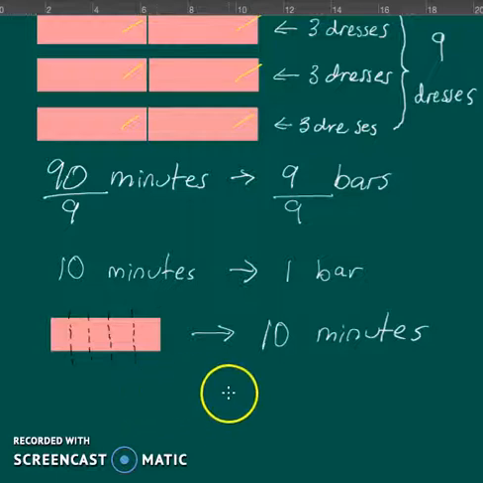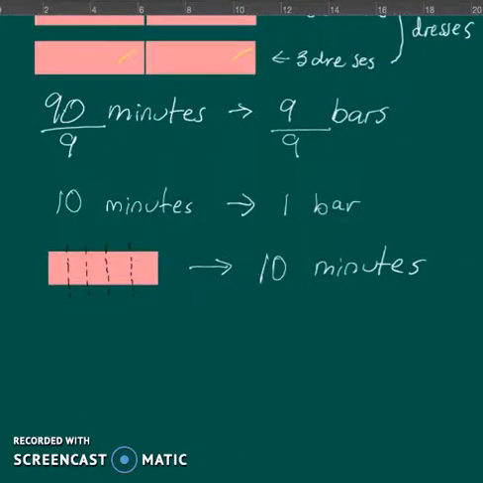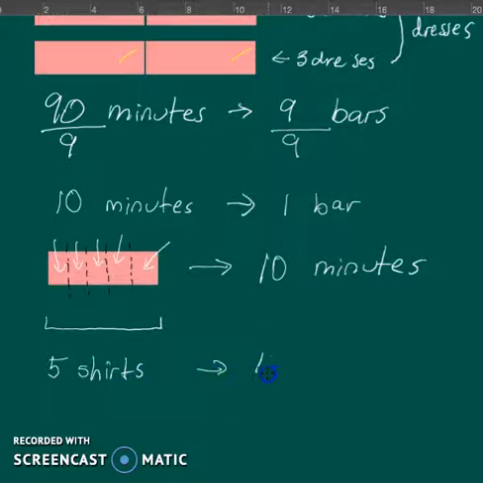So the question is, if this whole bar represents 10 minutes, then how much does one of these little pieces represent? How much does this represent, or this, or this, or this, or this? In other words, if we know that 5 shirts are made in 10 minutes, how long does it take to make 1 shirt?